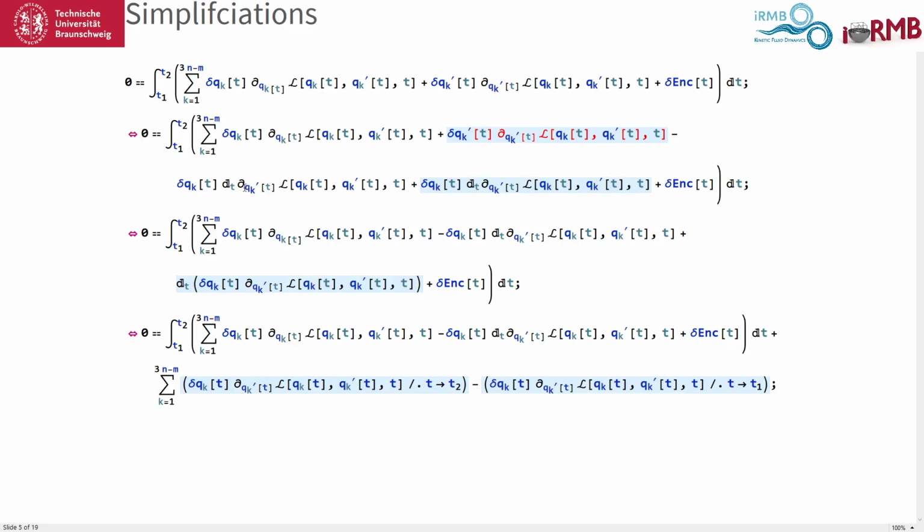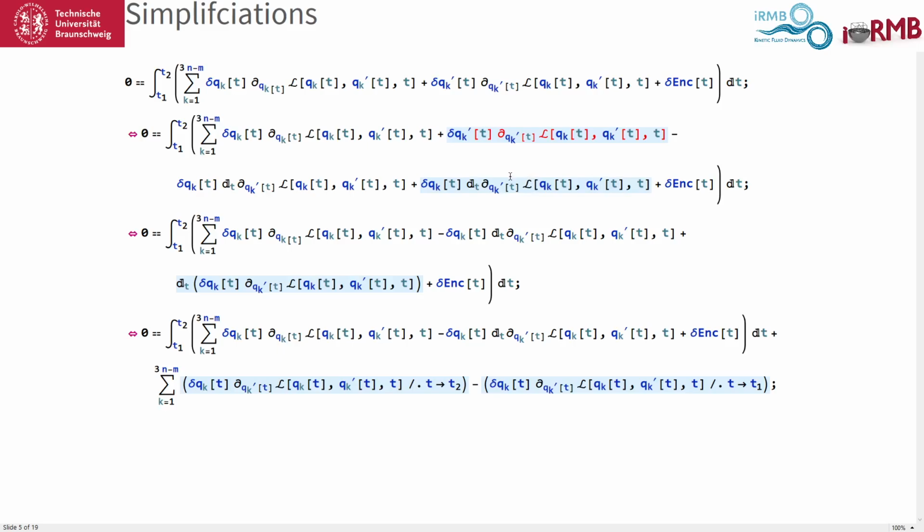We take the time derivative of the derivative of the Lagrangian with respect to the velocity. So we subtract this, and then we add it again. We can do this because this is null. So why did we do this? We did this because we want to combine this term with this term.